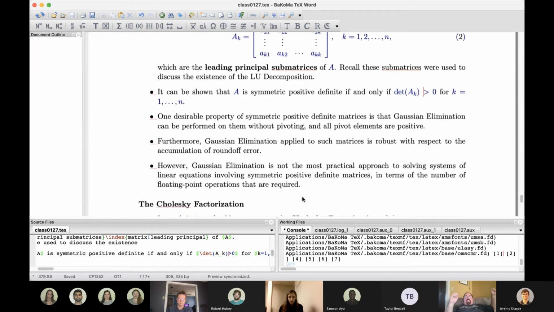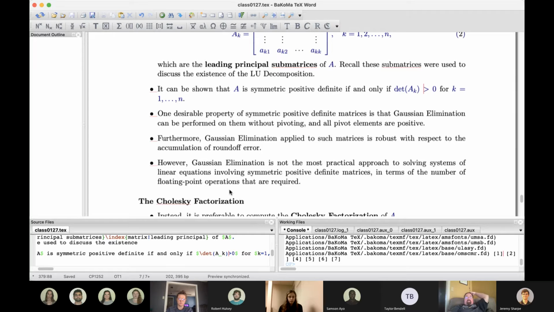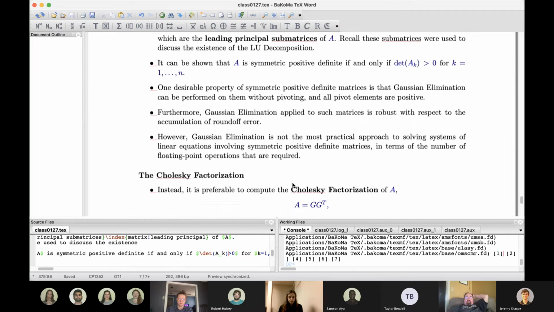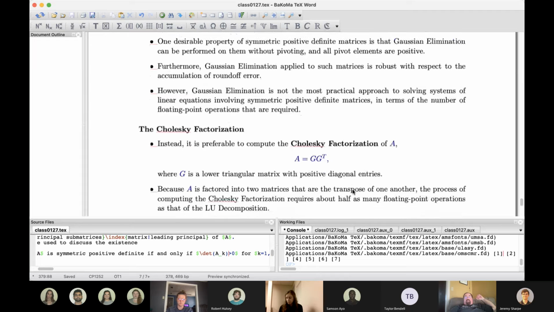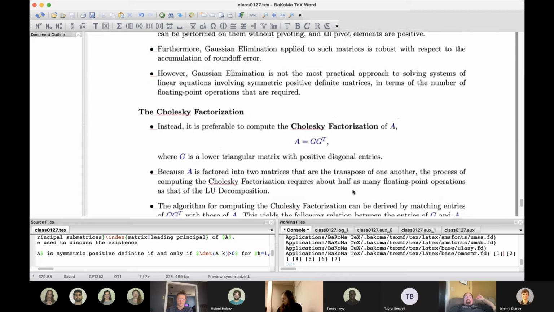Now, we can do LDL^T, but I want to show you another approach that's just for symmetric positive definite matrices, and it's called the Cholesky factorization. So Cholesky is kind of similar to LU. A is factored into a product of G that's lower triangular, and therefore G transpose is upper triangular.